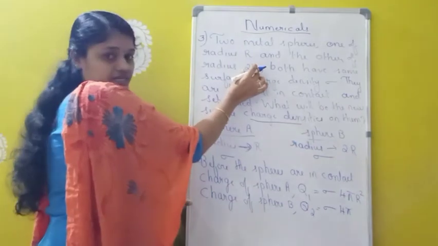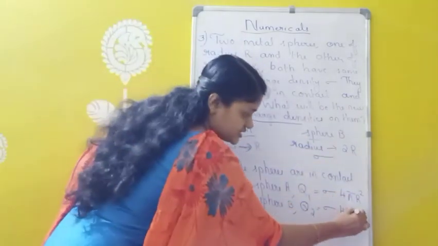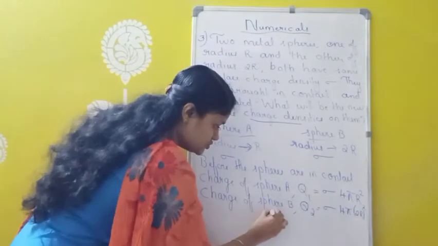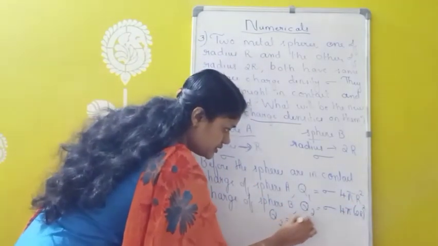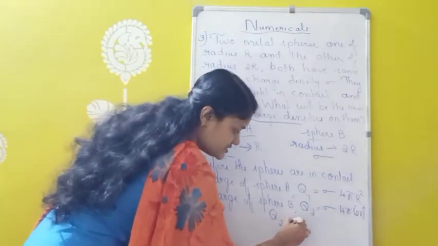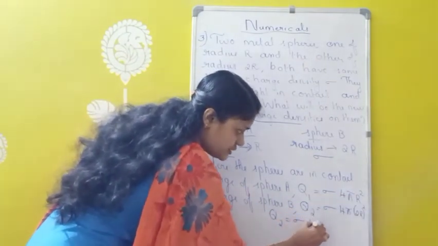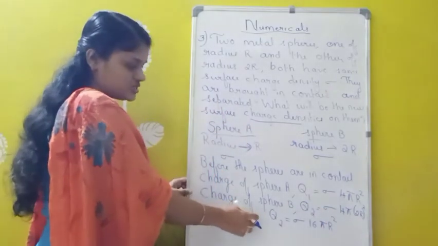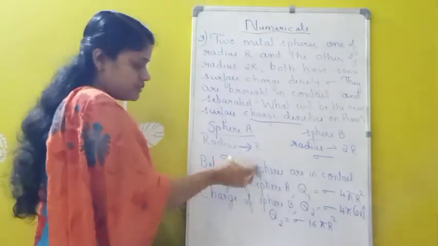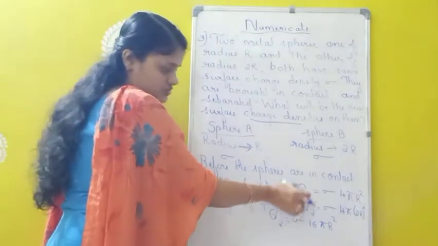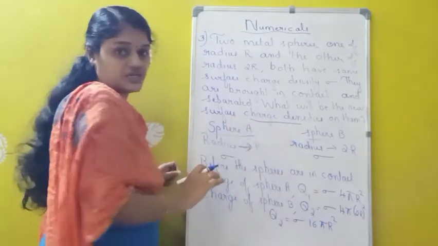For the second sphere the radius is 2R, so we write 2R the whole square. That means Q2 equals 4 into 2 square, which is 4, so 4 into 4 is 16. So we get sigma into 16 pi R square. This is the charge of sphere B before contact.